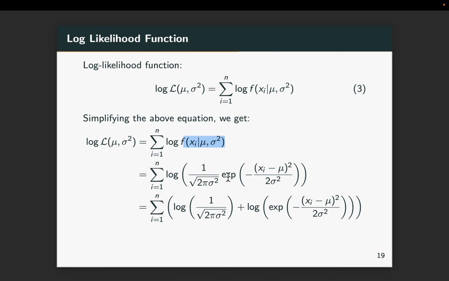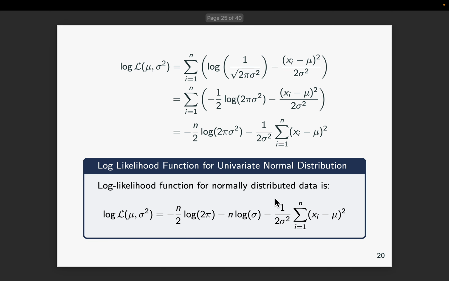We'll get log of 1 over 2 pi sigma square plus log of this, and after a bit of reduction, we'll get a term which is independent of sigma and mu. It is a log 2 pi minus n by 2. It depends on n, but is independent of mu and sigma. You have a term which depends on sigma, and a term which depends on both sigma and mu.